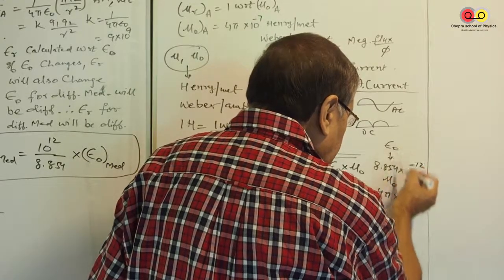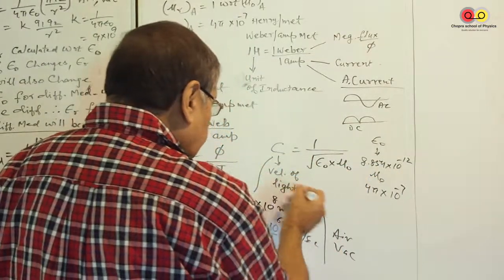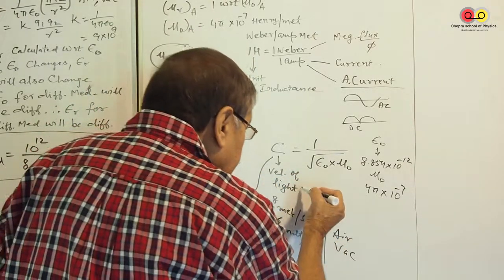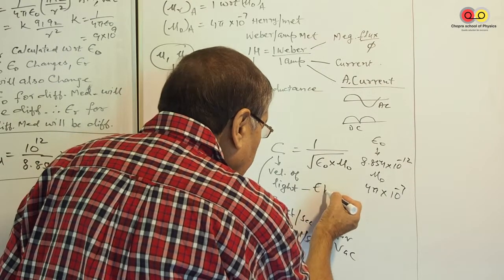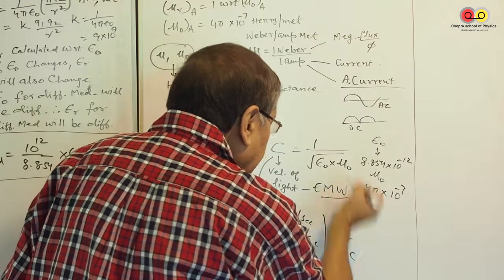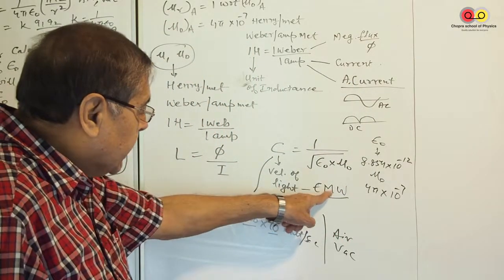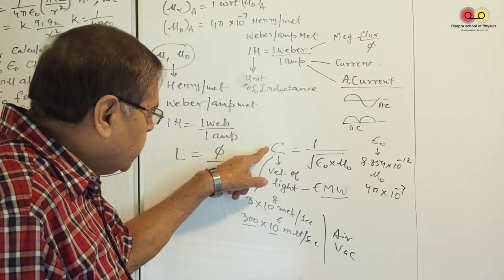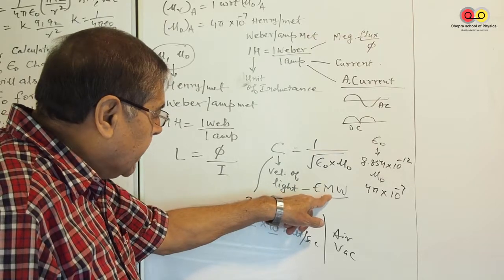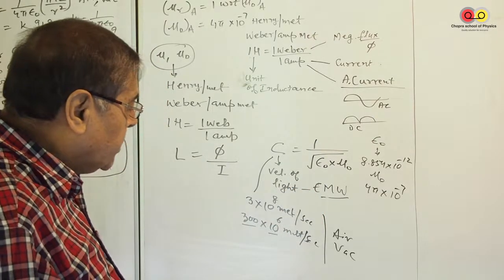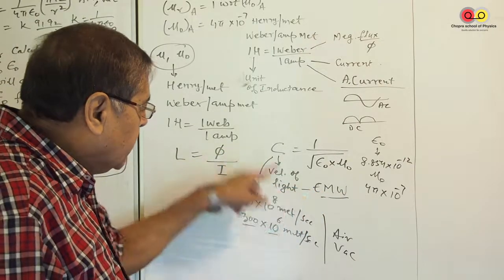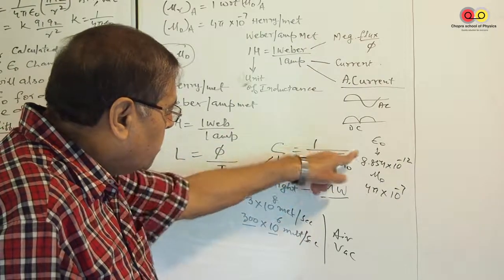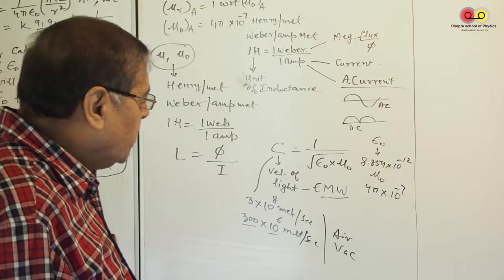The unit of this number and the unit of these numbers, that will be the velocity of light in air medium. And light is an electromagnetic wave. So you will remember when we write EMW, it is electromagnetic wave. C is the velocity of light, and light is what? Electromagnetic wave. So what is the formula for velocity of electromagnetic wave? Velocity of light or velocity of electromagnetic wave is 1 over square root of epsilon naught into mu naught.